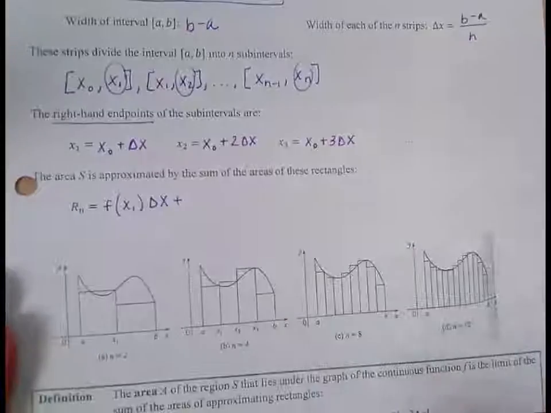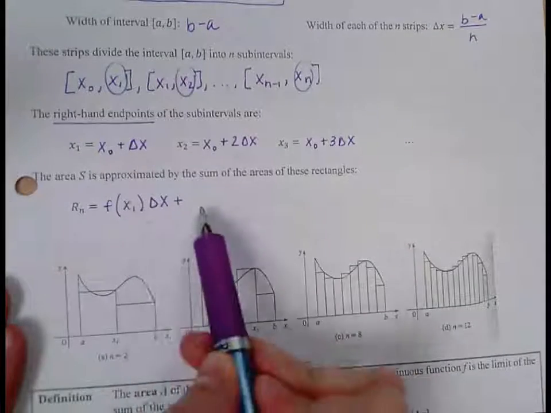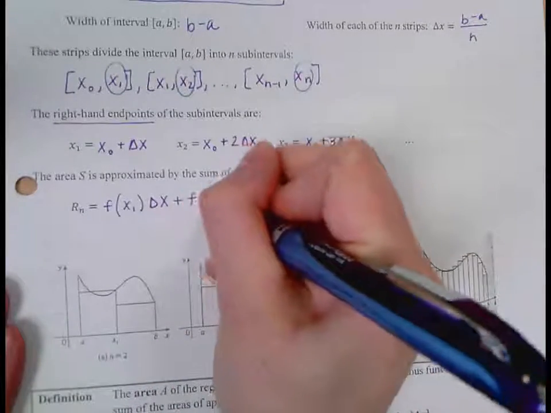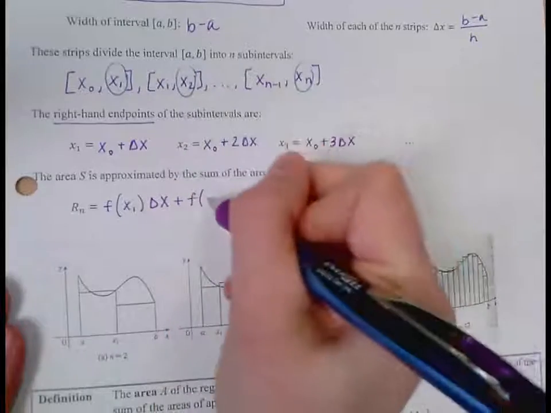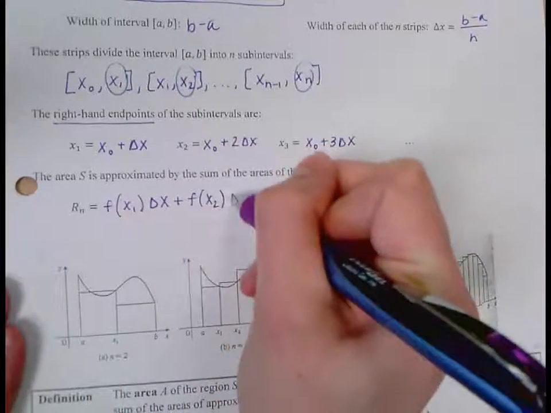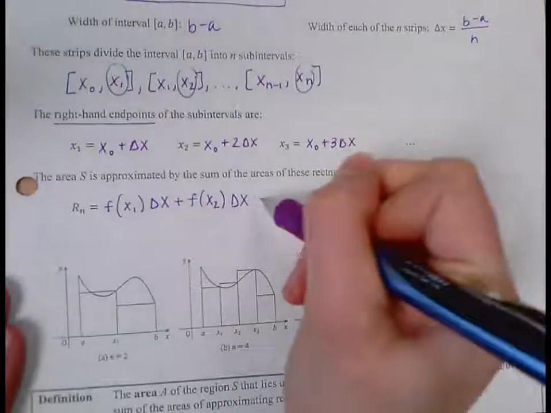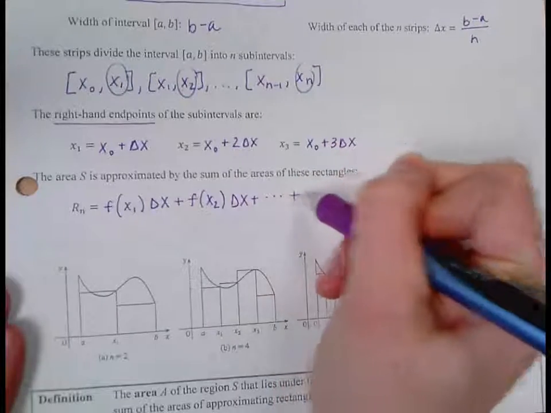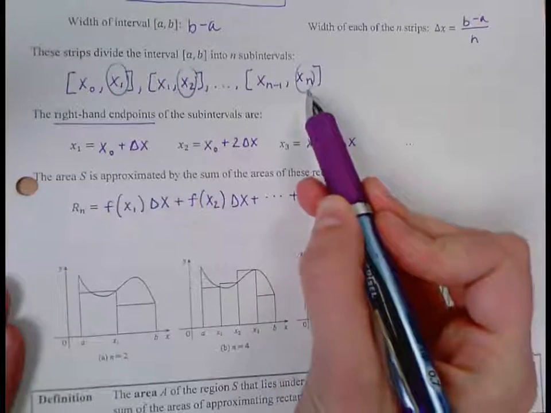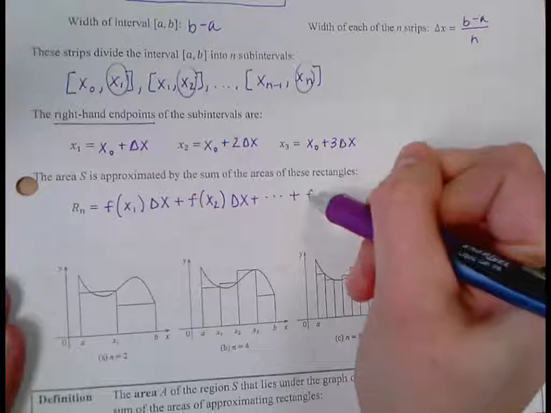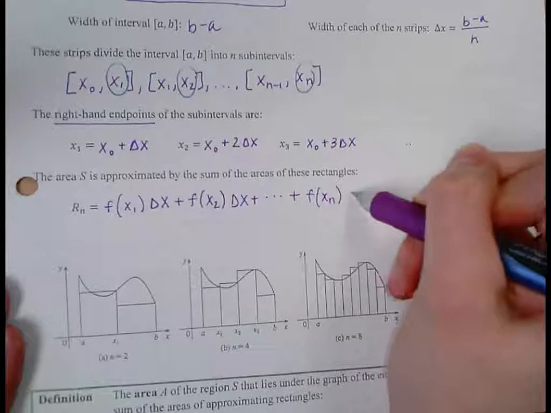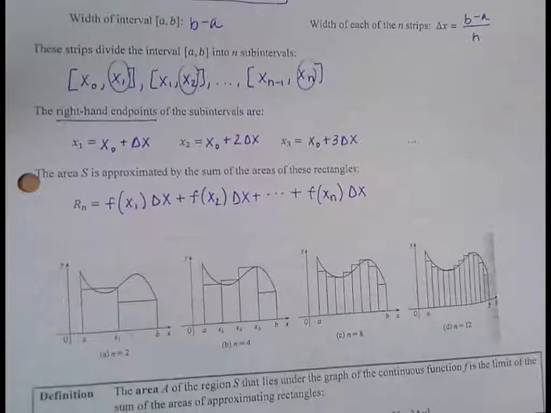So this is coming up with a more general formula. The second rectangle would have a height of whatever f of x sub 2 is, multiplied by the width, which is delta x. And then added all the way up to the last rectangle, which would have a height of f of x sub n, multiplied by delta x.